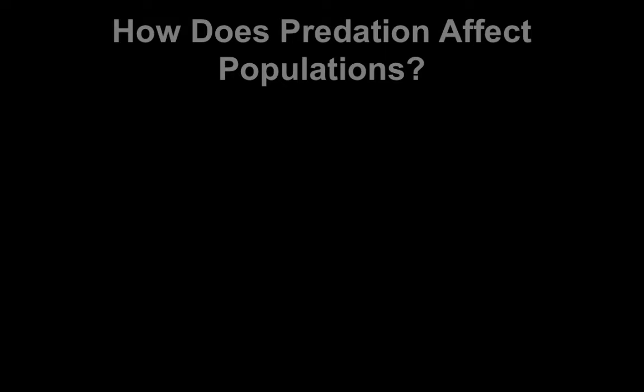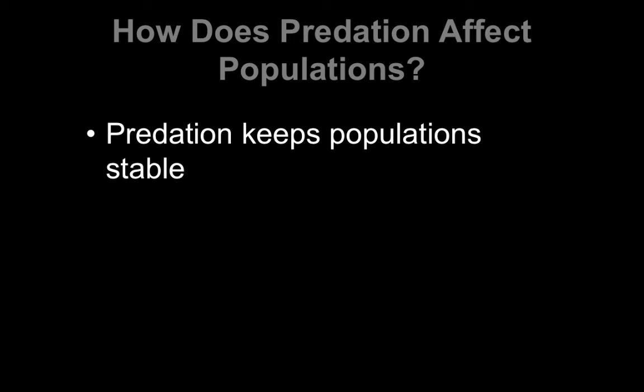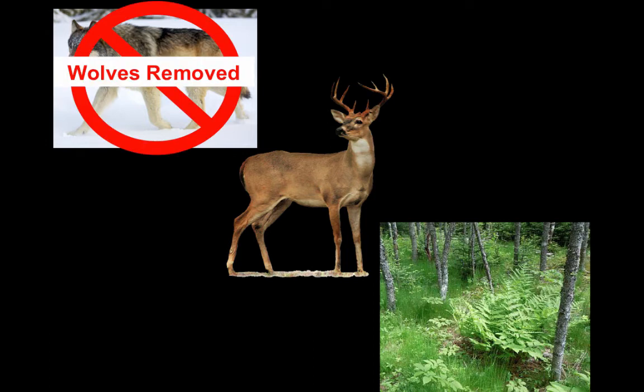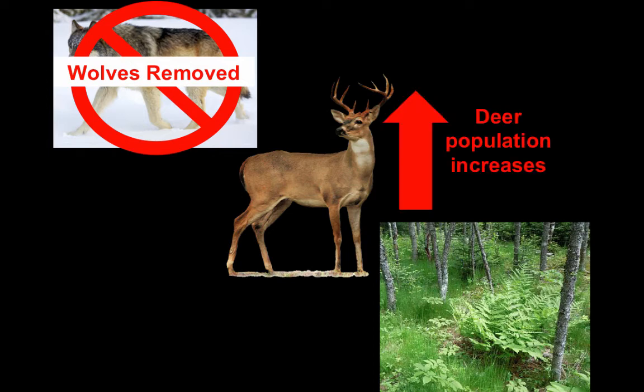Predation has a major impact on populations because it really helps keep populations stable, both for the predators and for the prey. So, for example, wolves are an apex predator, and they're actually really important in ecosystems in ways that you wouldn't necessarily think about. If you remove the wolves, which happened a lot in U.S. forests, the deer population is then going to dramatically increase because the wolves helped to keep down the deer population.